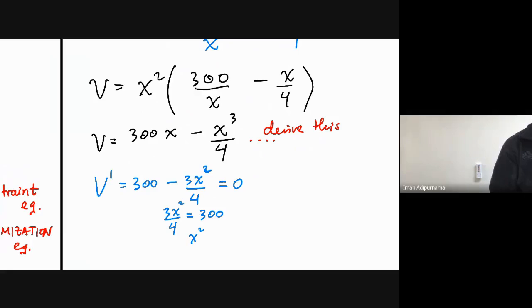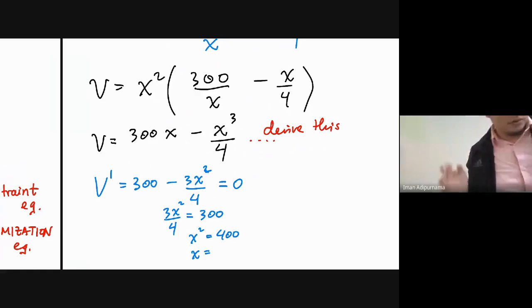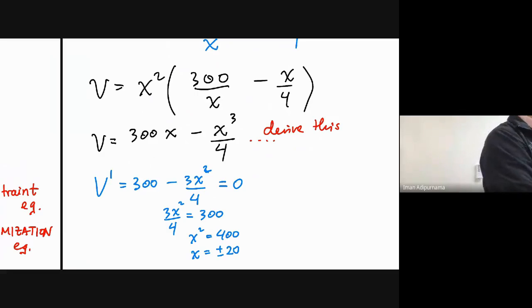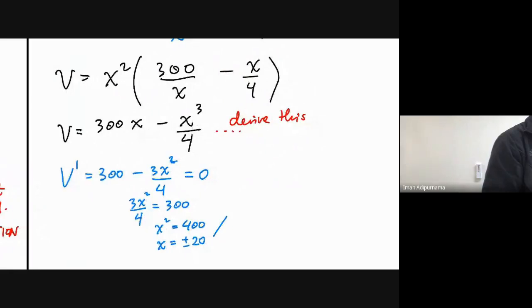And then x squared is 400. Then x should be plus minus 20, but because we are dealing with a real problem, we can ignore the negative. So x, choose positive.